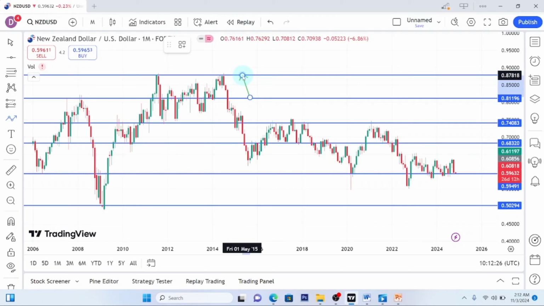This is your resistance, down is your support. This one becomes your resistance, this one becomes your support, this one becomes resistance, this one becomes your support, this becomes resistance, and this becomes your resistance. And down here, your support.